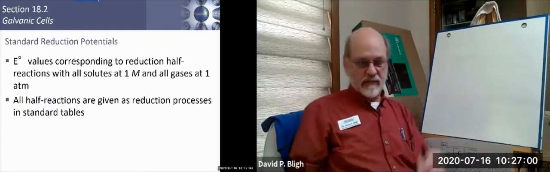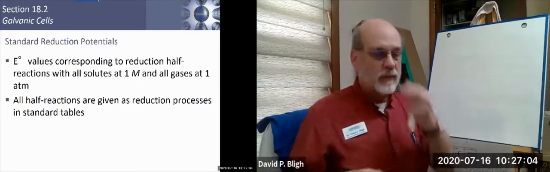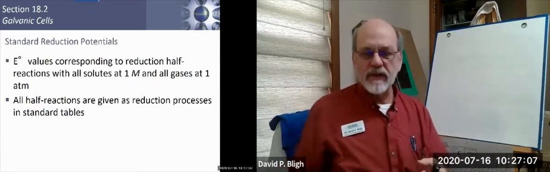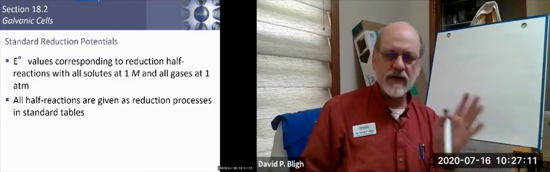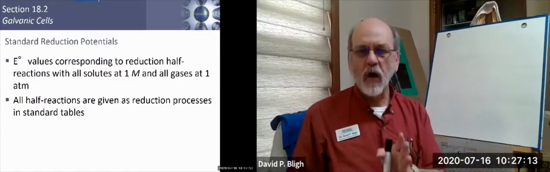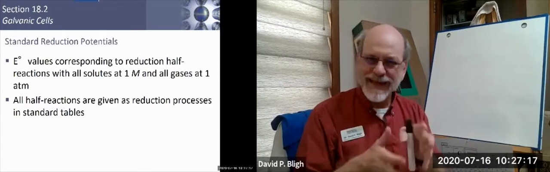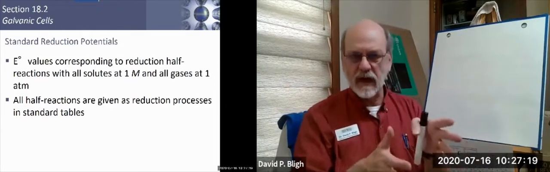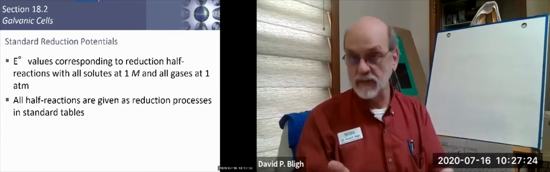And that was on chemists' minds from the beginning. The problem is, these two reactions, the oxidation and reduction, always occur together, right? So there's no way to get at what the theoretical potential would be.